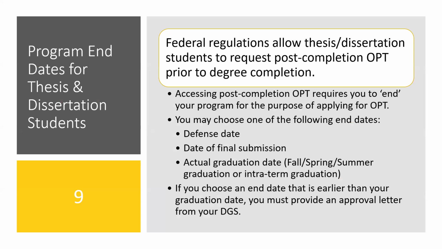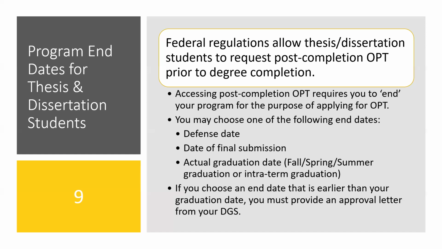Now, I mentioned the program end date. So you have some flexibility as a thesis or dissertation student on what this end date means. You can use your actual graduation date. So if you are graduating in May 2025 with the spring graduates, you can use that date.